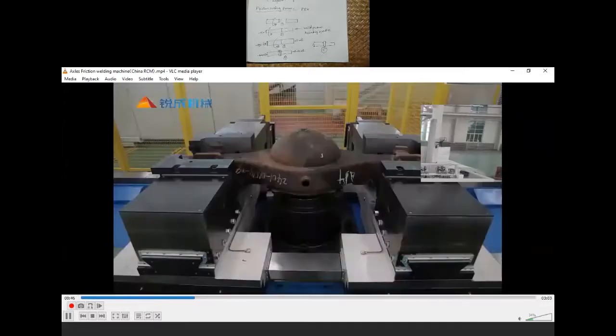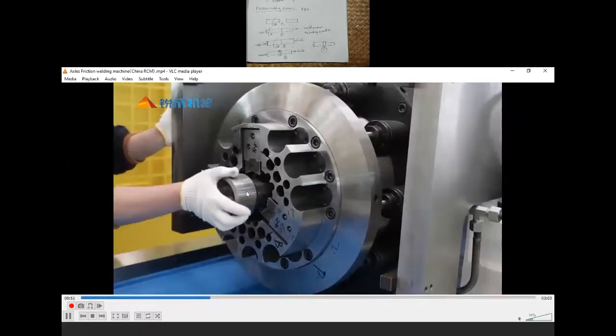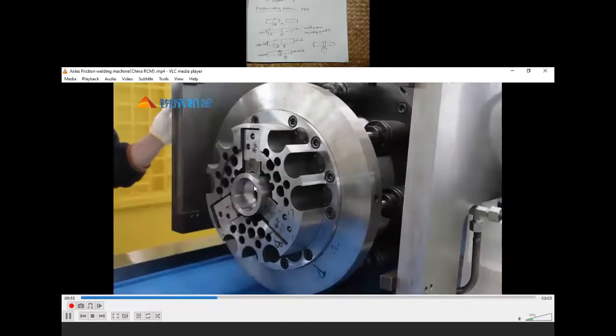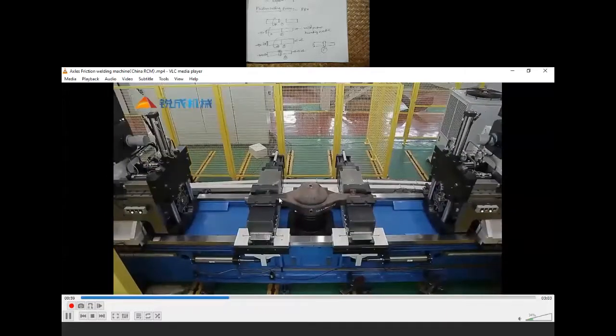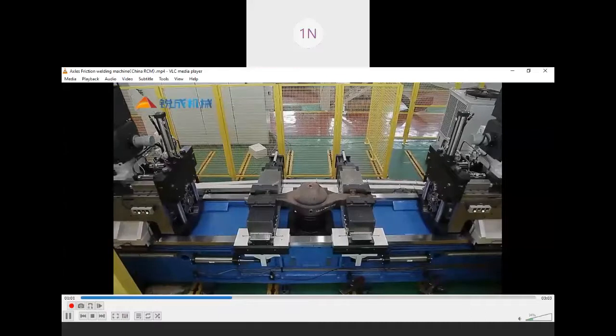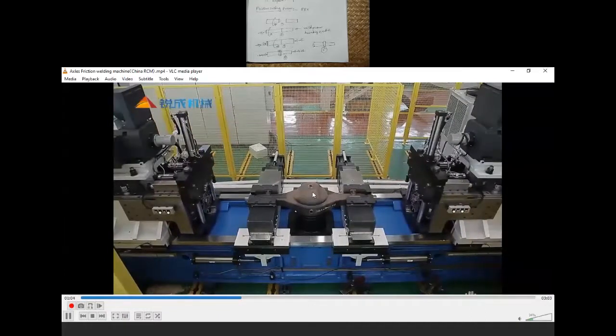If the material is forgeable, then you can do friction welding. At least one material must be ductile when hot. So if the material can be forged, then it can be friction welded.